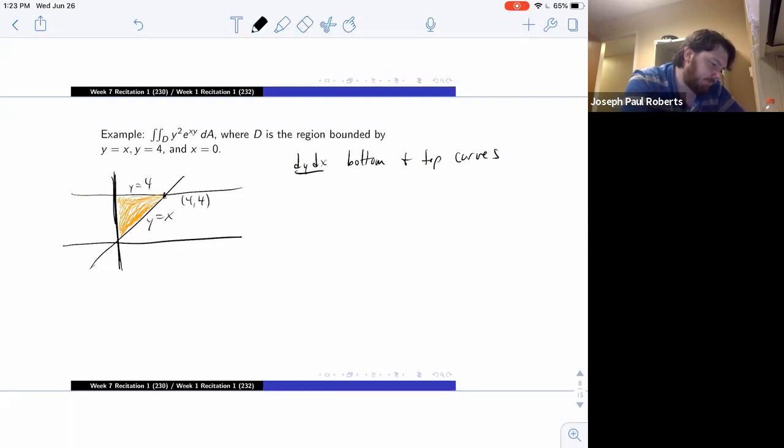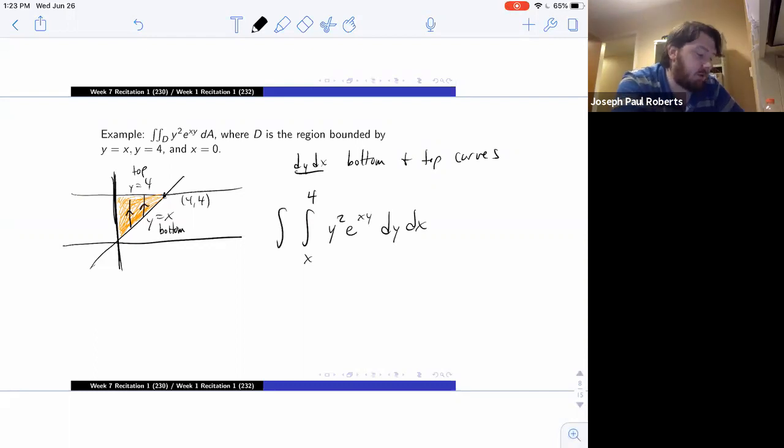Okay. And so for dy dx, our bottom and top curves look like that. So y equals x is the bottom curve, y equals 4 is the top curve. And so our y bounds on the inside for dy dx are x to 4.